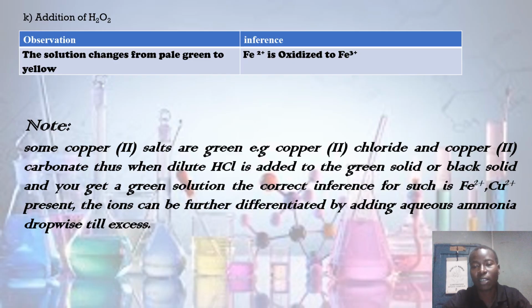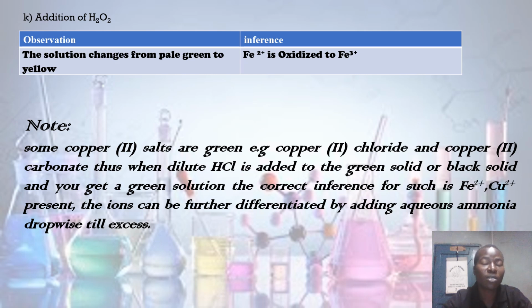Like for instance, you have copper 2 chloride and copper 2 carbonate. Their solutions, when you add HCl to them, or if you have decomposed that given substance and then add HCl to it, the resulting solution is going to be green in color.